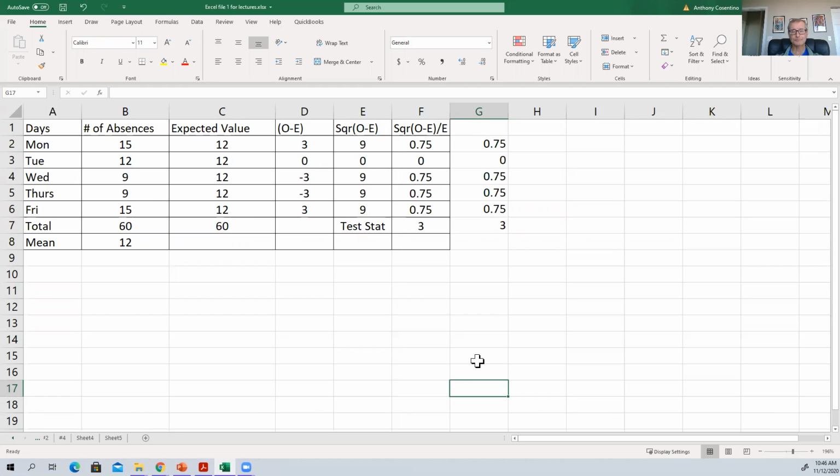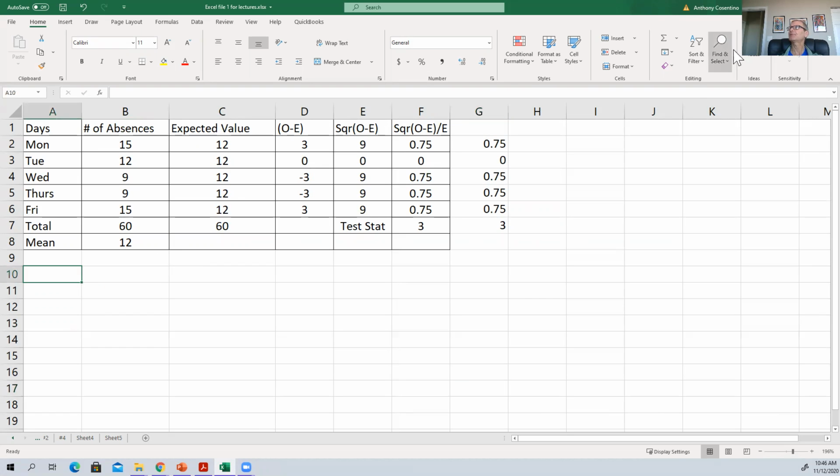But to calculate the p-value, you need both the observed values, which are these numbers of absences, and the expected value, which you can see is 12 for each of the days.